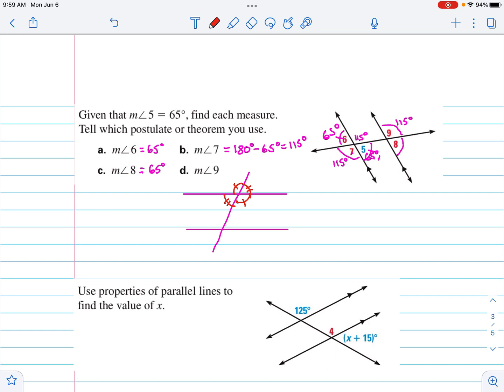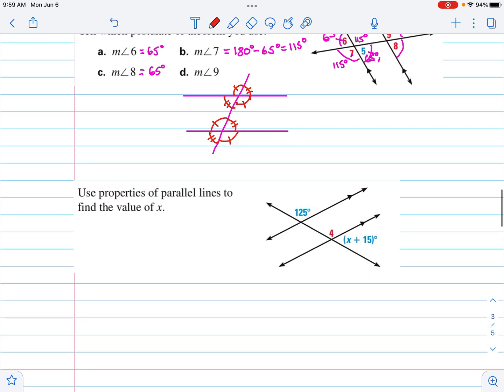Now let's see here, this angle is a corresponding angle, so this angle up here is the same. And this one would be that. Is that everything? I think we got everything there. Okay, so you can see how these work out.